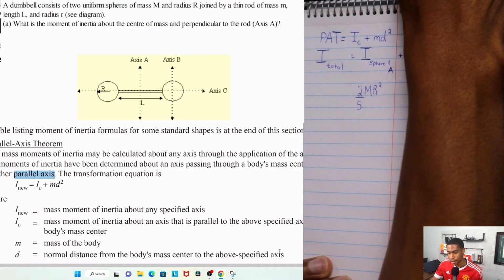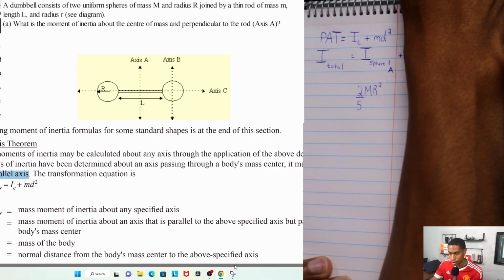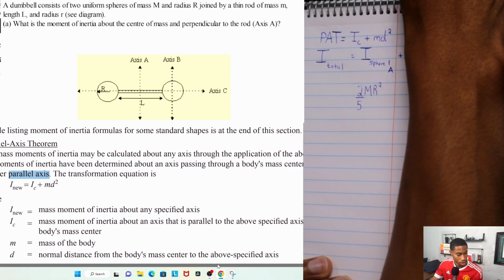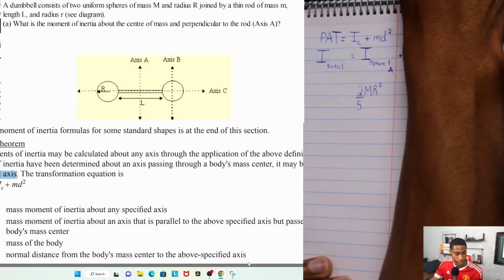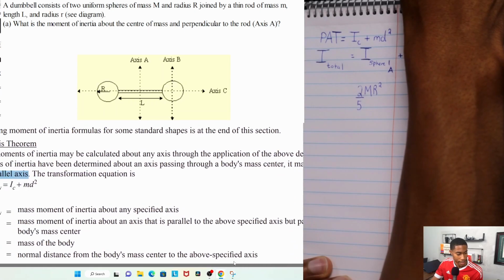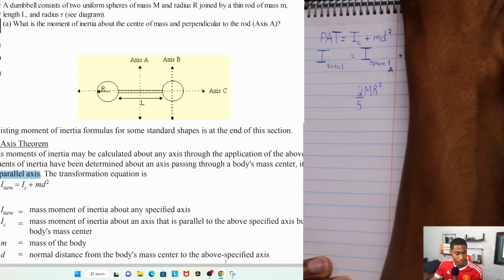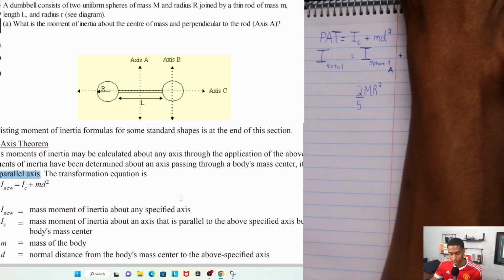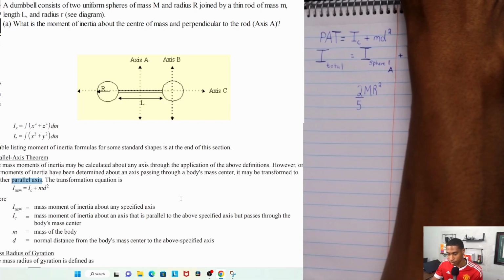I sub c is, and I'll just scroll over a little bit so you can see, the mass moment of inertia about an axis that is parallel to the above specified axis, but passes through the body's mass center. So hopefully you're following along with me. Okay, so what does that exactly mean?